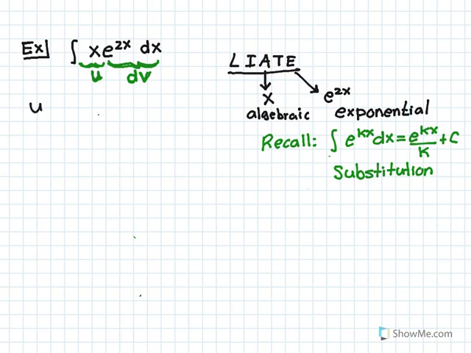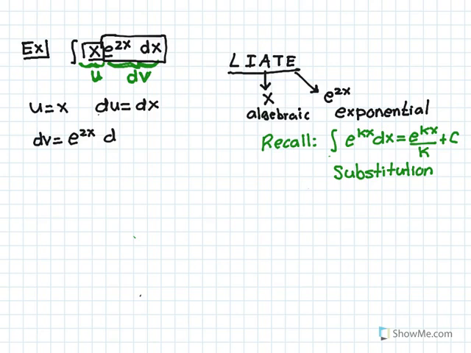So we let u be equal to x. Its derivative du is equal to dx. dv is the leftover. So if you choose u equals x, then whatever is left over has to be your dv. So in this case, that's going to be e to the 2x dx.